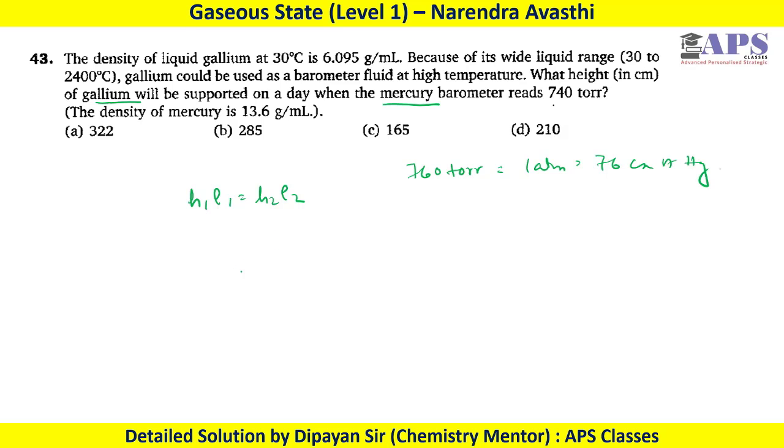So we can write 74 multiplied by 13.6, where 74 is the height of the mercury column and 13.6 is the density of the mercury. We have to calculate the height of the gallium, and the density is given as 6.095. From this we can calculate the height of the gallium, that is 165 centimeter. So option C will be the correct option.